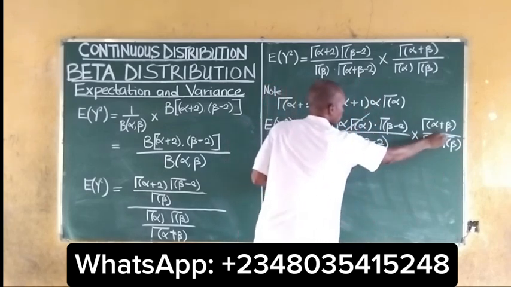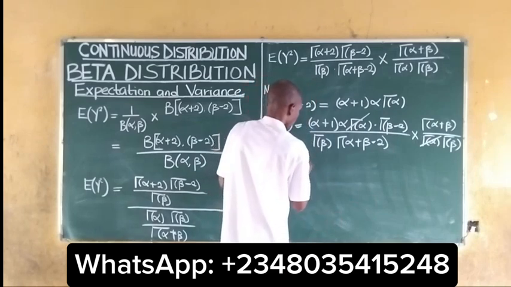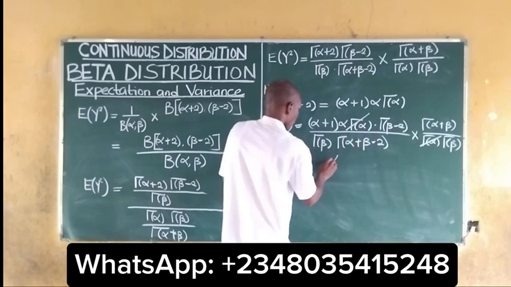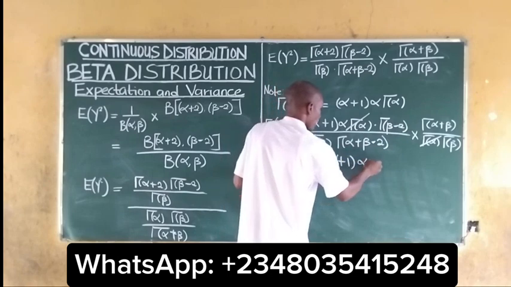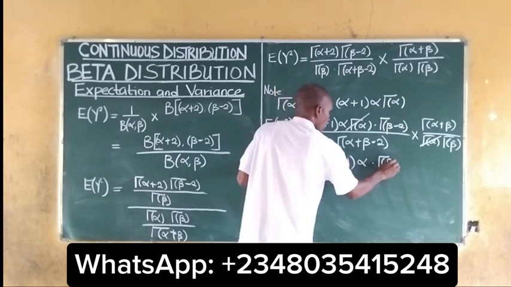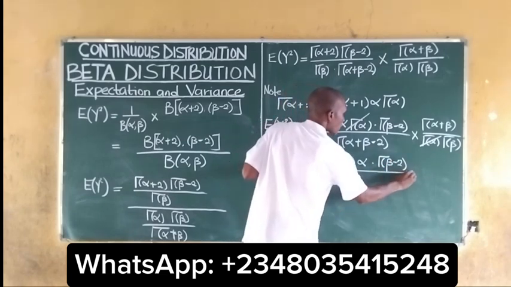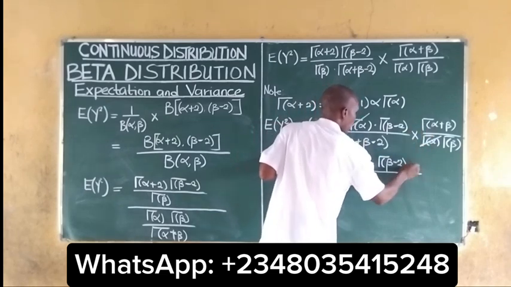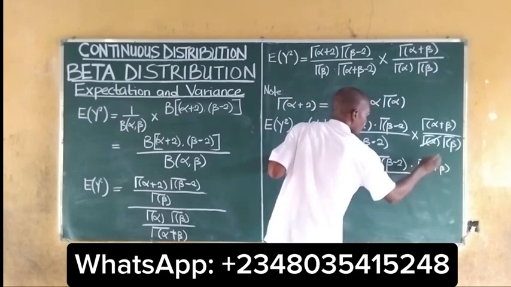So of course this will cancel this to give us alpha plus 1 alpha multiplied by gamma beta minus 2 all over, we can still multiply this, which is gamma alpha plus beta.